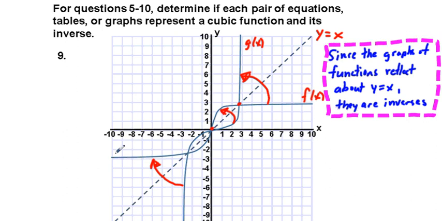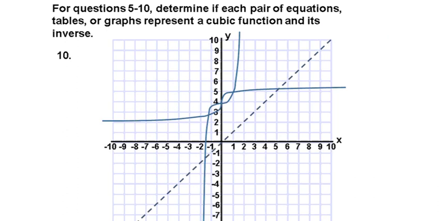So we have the function, the one here, I label f of x, increasing for all x, and g of x is likewise increasing for all x. So anyway, 10, I hope you can see that that doesn't look like an inverse function.